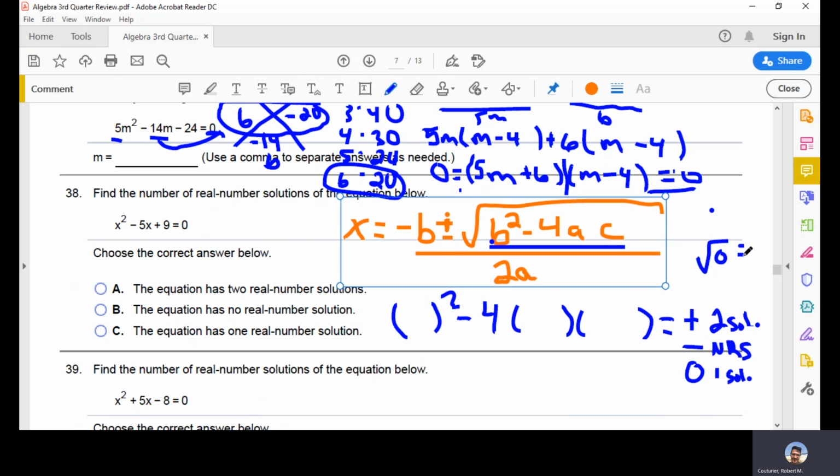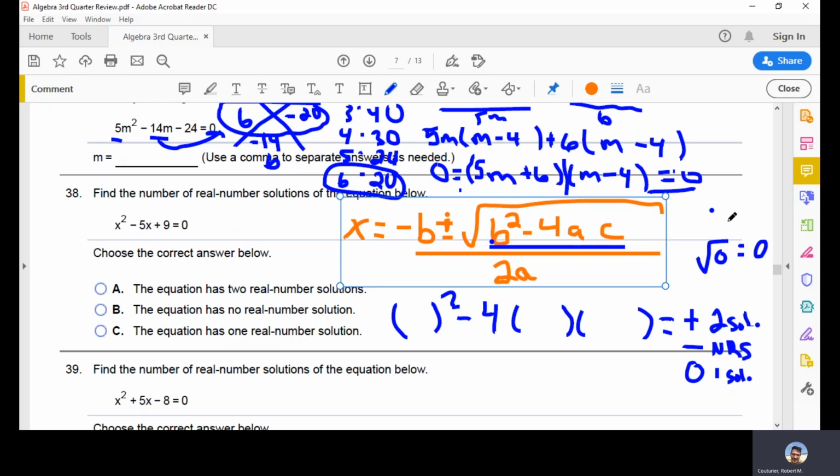So 0 shift square root equals, and all it does is do 0. That's still a solution, guys. That is a solution. So there's going to be 1 solution there. You're going to have only 1 solution, which generally means just the vertex is going to touch that x-axis in this particular problem. All right?